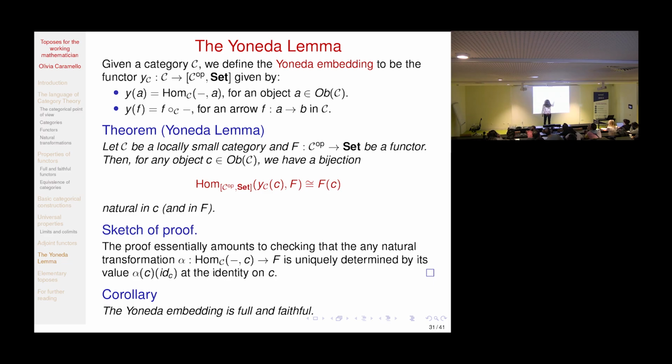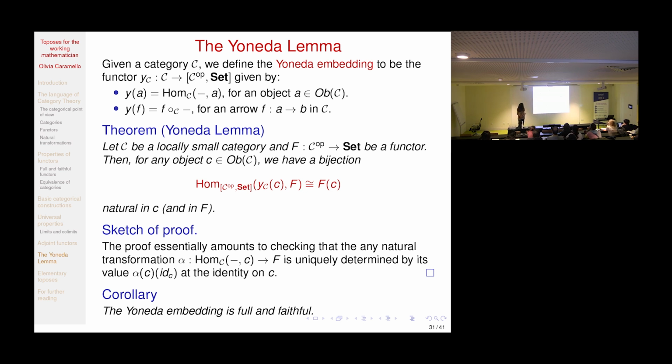This set here of natural transformations from a representable functor to an arbitrary functor in terms of the set of values of the functor at the corresponding object, which represents this functor.